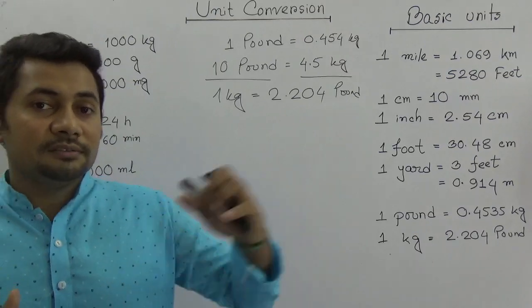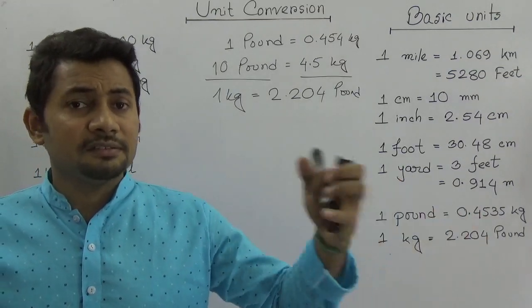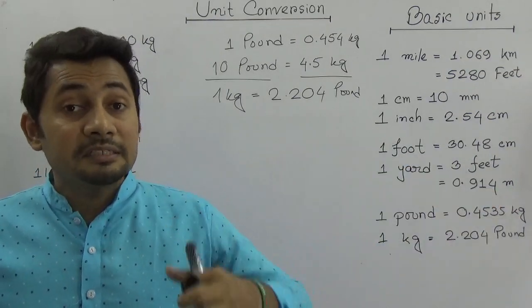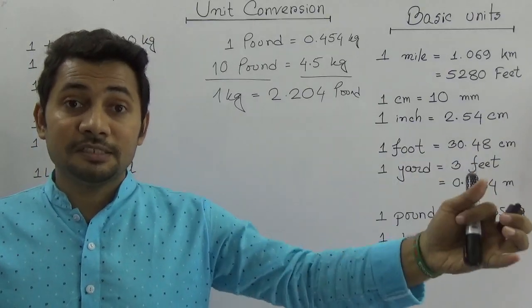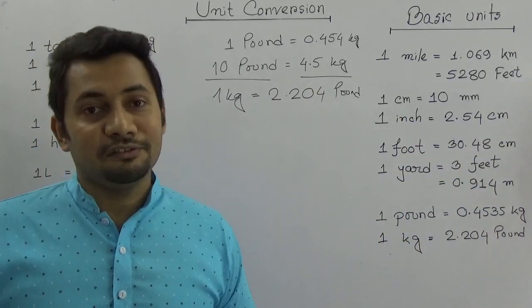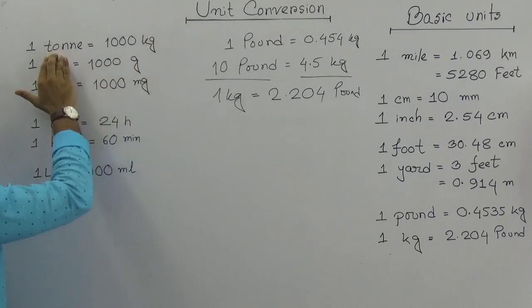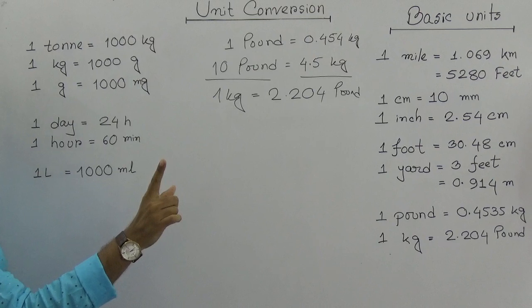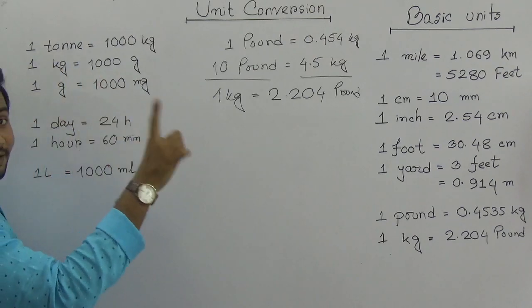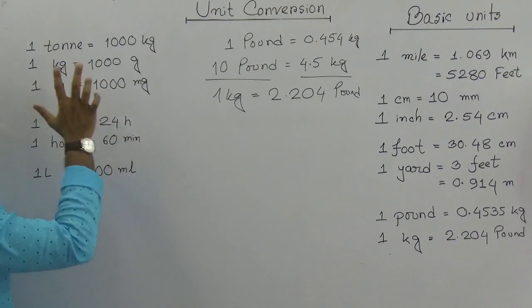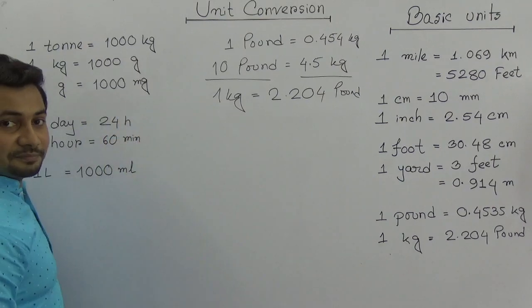So this is pound to kilogram, meter to centimeter, centimeter to millimeter, meter to inches, inches to kilometer. These are the unit conversions. Now think about the other part, this is our mass. 1 ton is 1000 kilogram, 1 kilogram is 1000 gram, 1 gram is 1000 milligram.